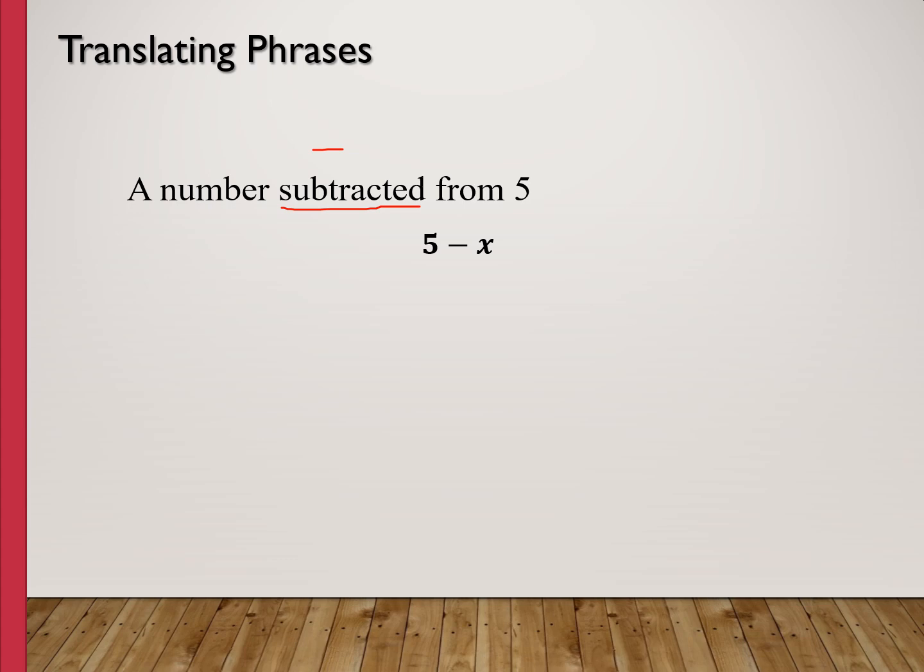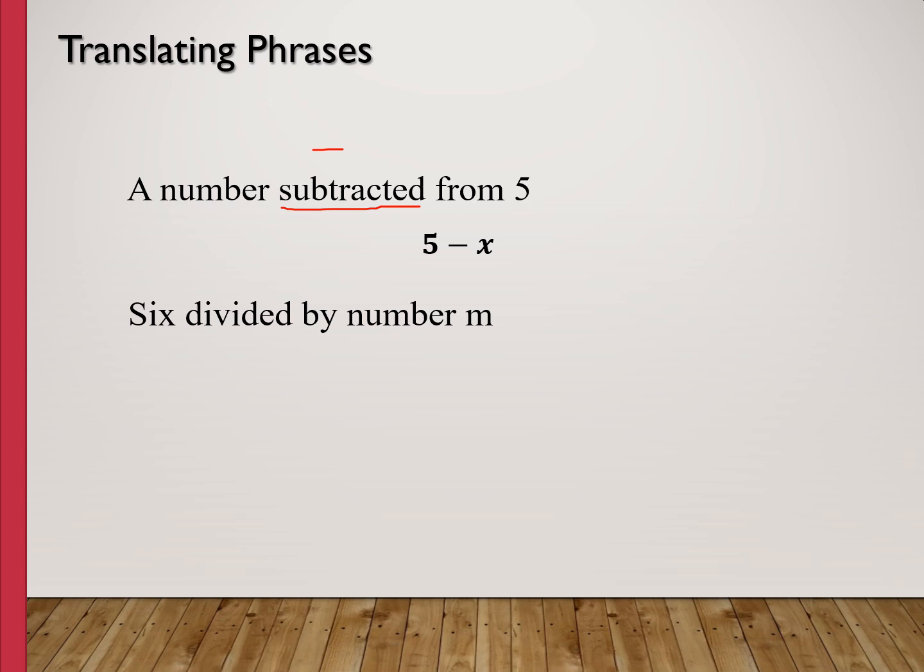Yung number daw ay sinubtract natin sa 5. So, meaning, 5 minus x. Okay? Balikan natin dito. Order is important since this is subtraction. Mahalaga siya. Hindi siya pwedeng x minus 5. Okay? Kaya you have to analyze.